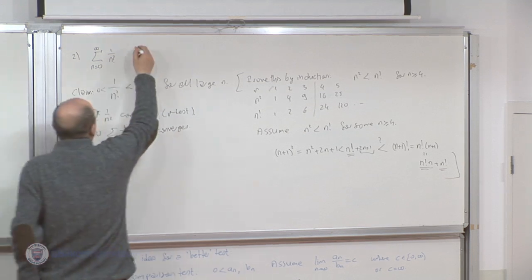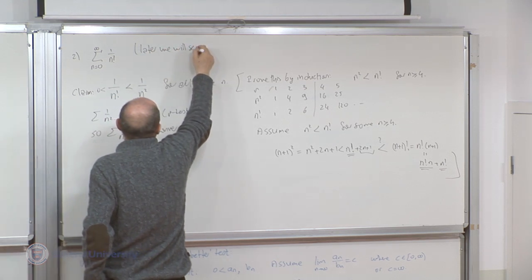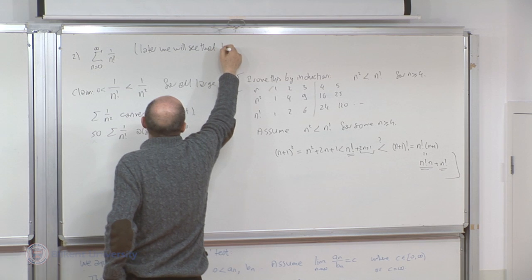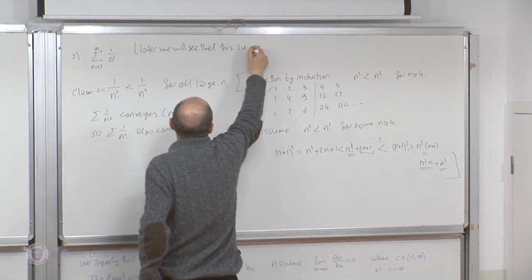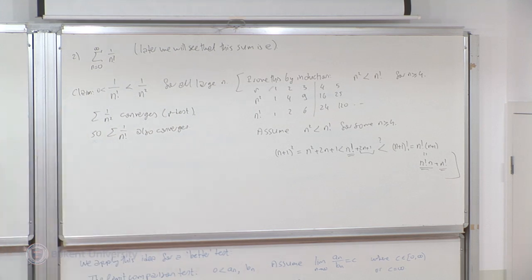So later we will see that this sum is e. So far we only know this. So there was a calculation showing that this is less than 4.